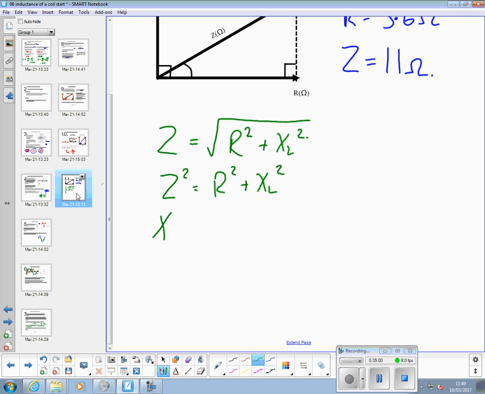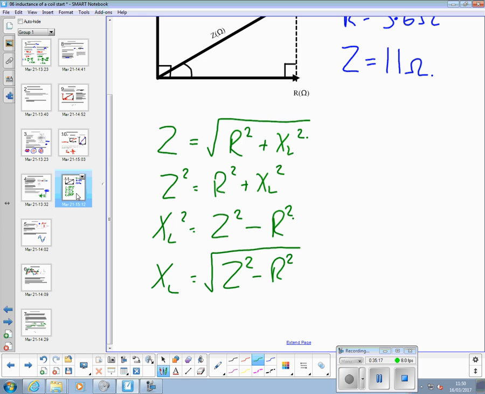Yeah, so I can write XL squared is equal to Z squared minus R squared. And square root both sides. So we got XL is equal to root Z squared minus R squared. That is root 11 squared minus 5.6 squared equals.